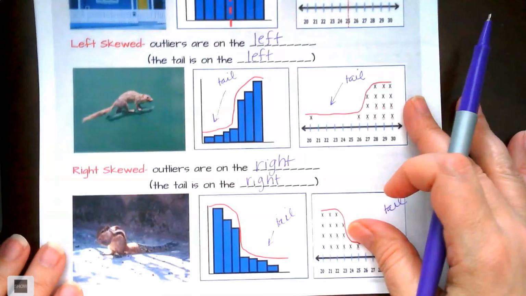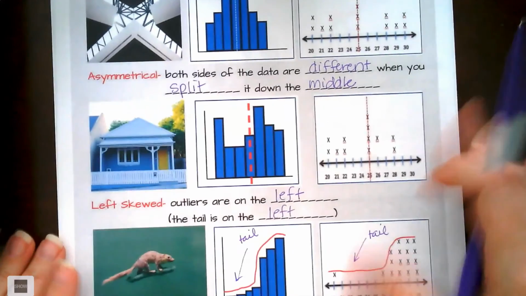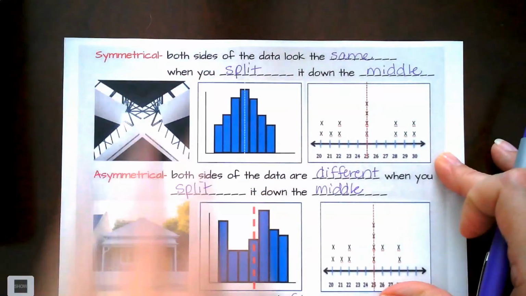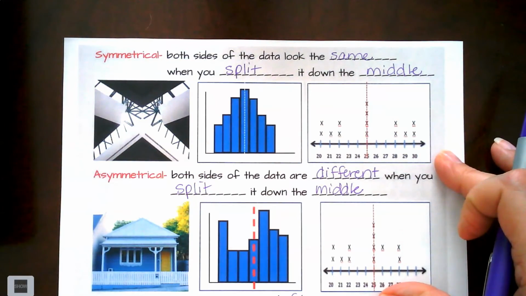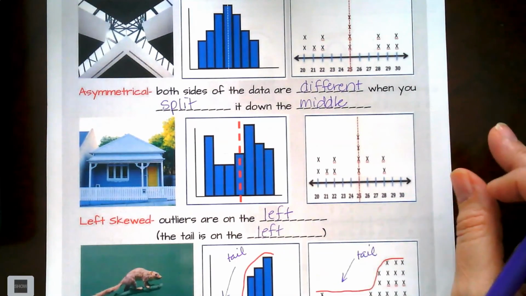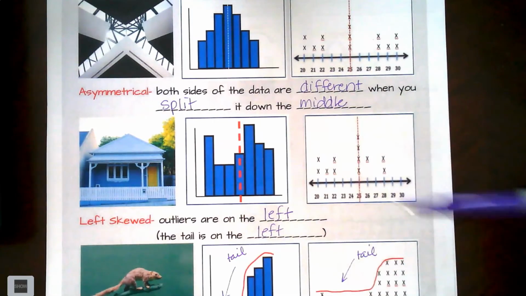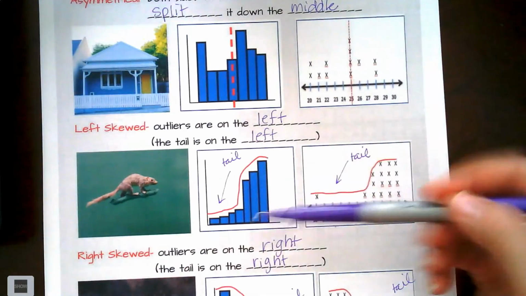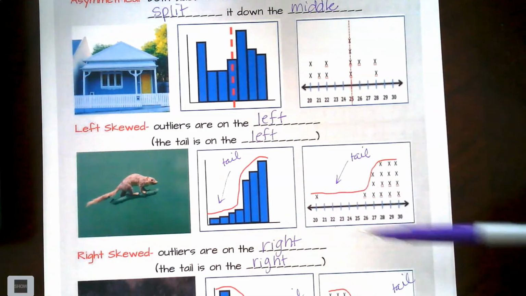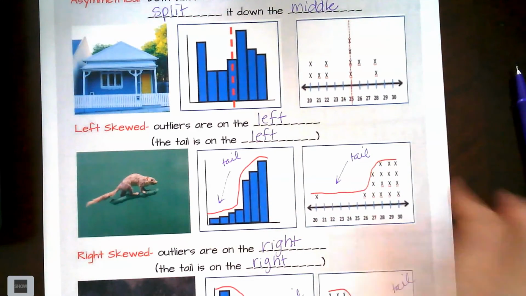All of your data will have a general shape, and that's what we're talking about with this whole page of terms. It will be symmetrical or asymmetrical. If it's asymmetrical, look for an outlier, and if it has an outlier, look what side the tail is on to get to the outlier, and that will tell you if it's left skewed or right skewed.